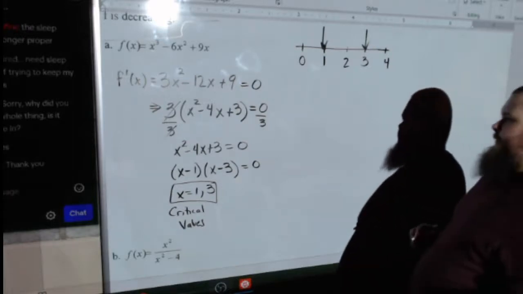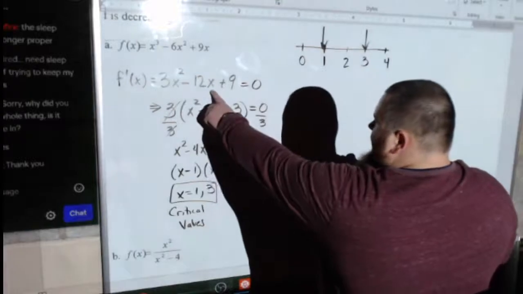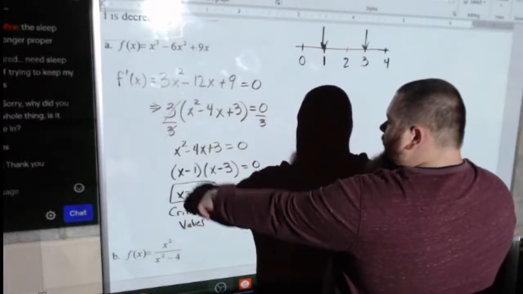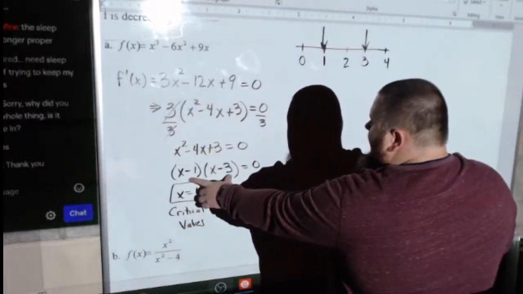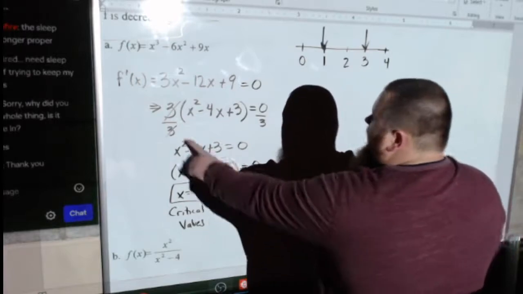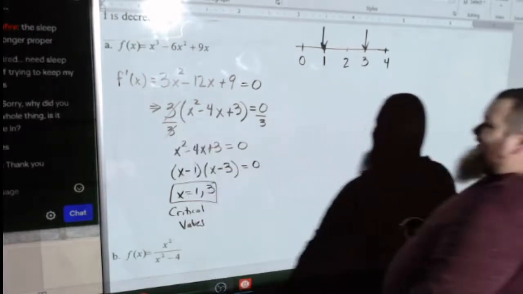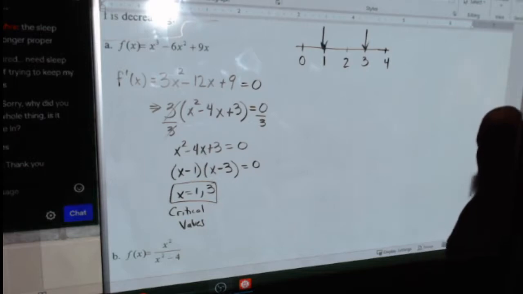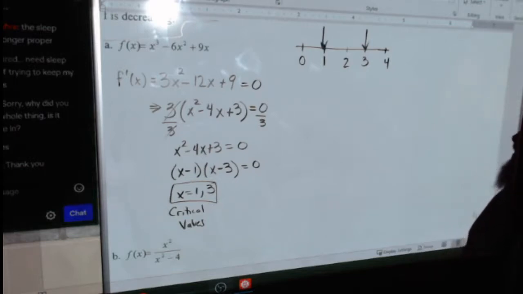All right. Now I need to go back to my derivative. I'm going to take the form that is factored, but I also have to keep in mind that there was a 3 there. In this case, that does not matter. However, if that was, say, a -3 that I factored out, that will make a difference.